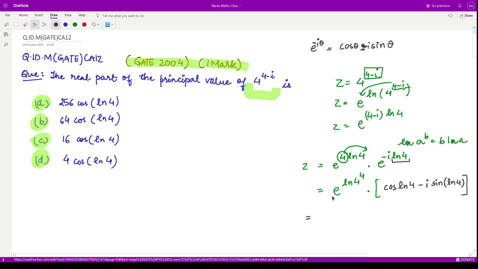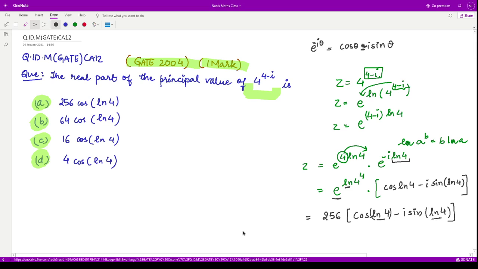So from here the effect of e and log cancels, and we are only left with 4 to the power 4, which is 256, and moreover we have cos of ln of 4 minus iota sine of ln of 4. This ln of 4 is in the brackets, that means it is the angle.